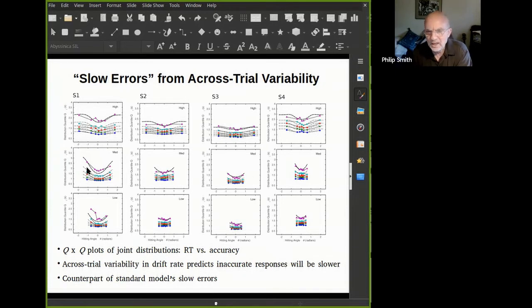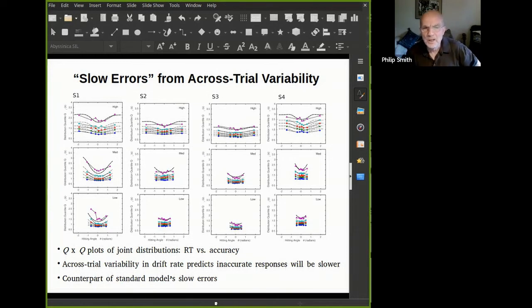And what you can see is that fairly consistently, participants are showing a distributional counterpart of the slow error properties, that the QQ plot has this kind of dish shape that we've associated previously with slow errors, which the model predicts successfully by a cross-trial variability in drift rate, primarily in the radial component of drift rate, or in the drift rate norm.